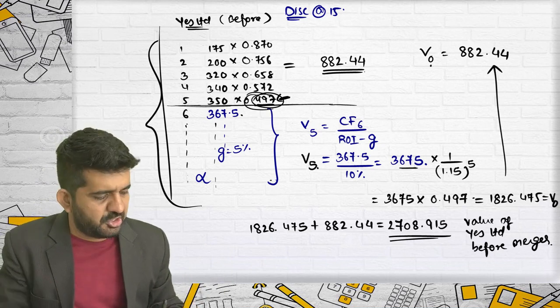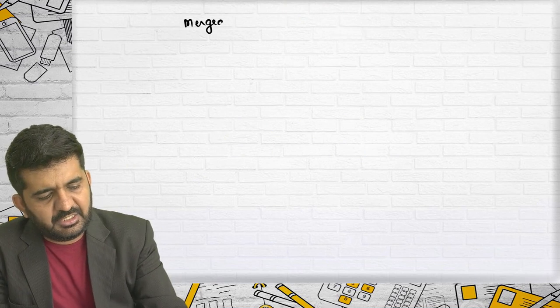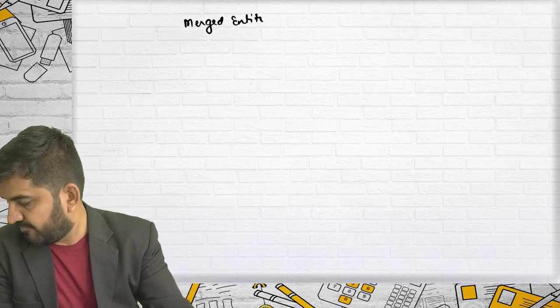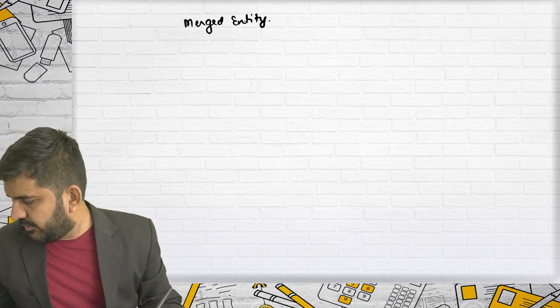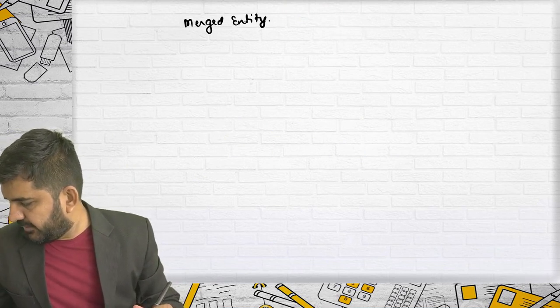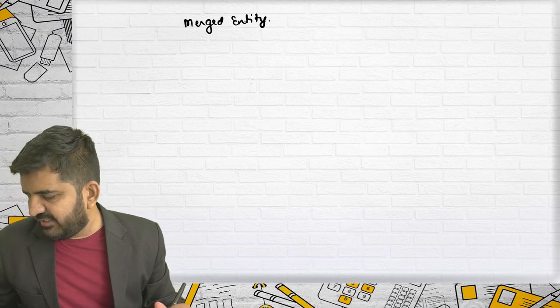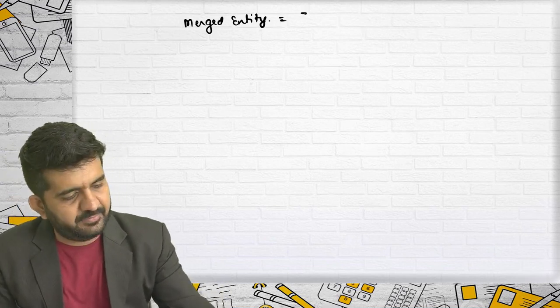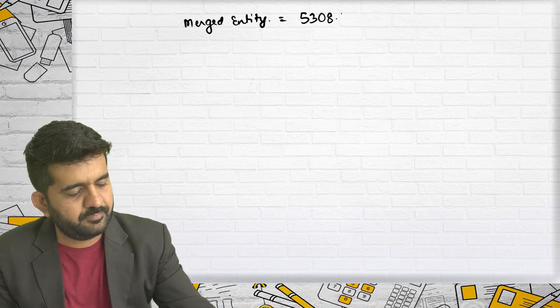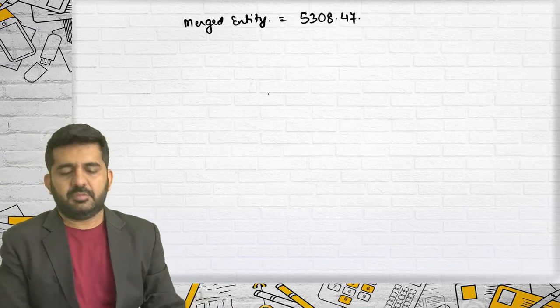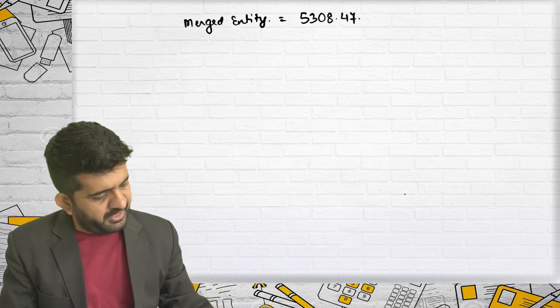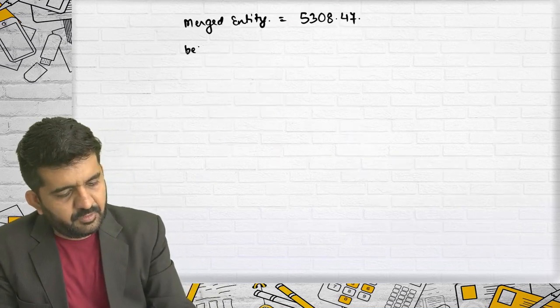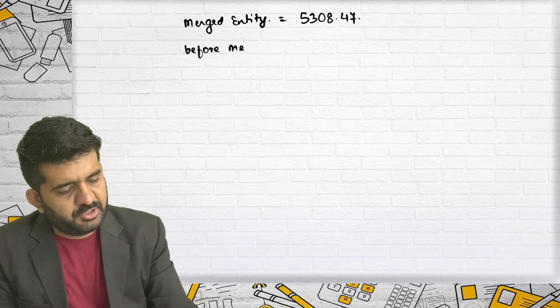Merged entity value is 5308.47, and this is 2708.915 before merger.